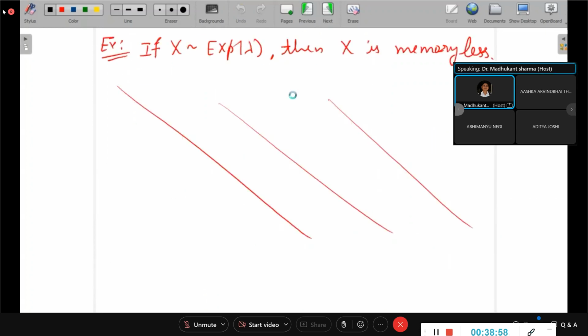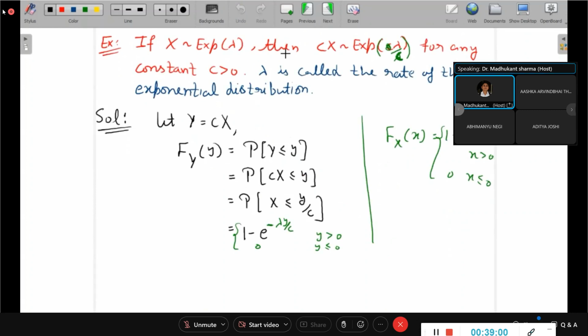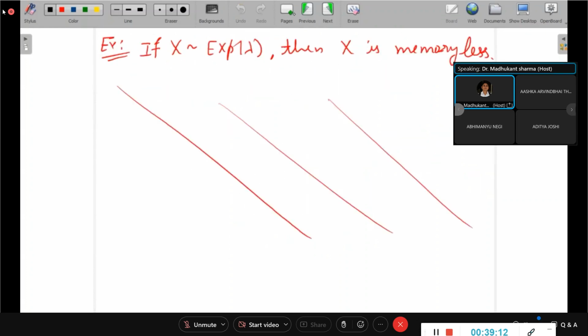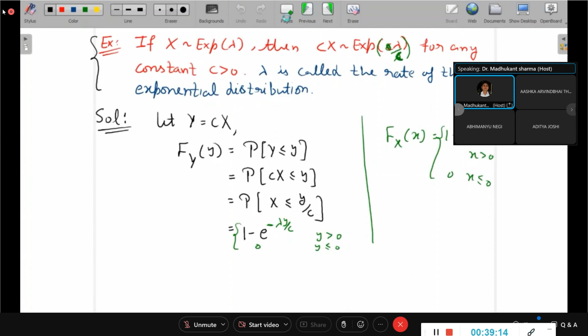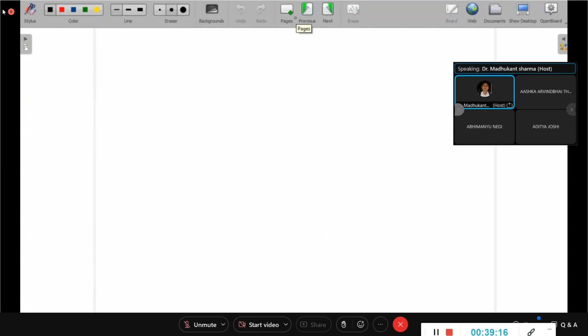So this is what we have done. Now the other exercise is this. What it is saying is, take a scalar multiple of an exponential random variable, what will it follow? You are given that X follows the exponential distribution with parameter lambda, and lambda is greater than 0.